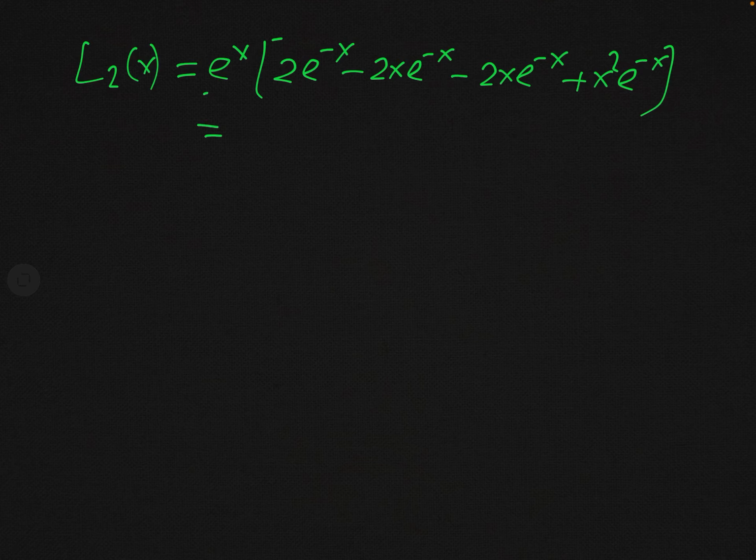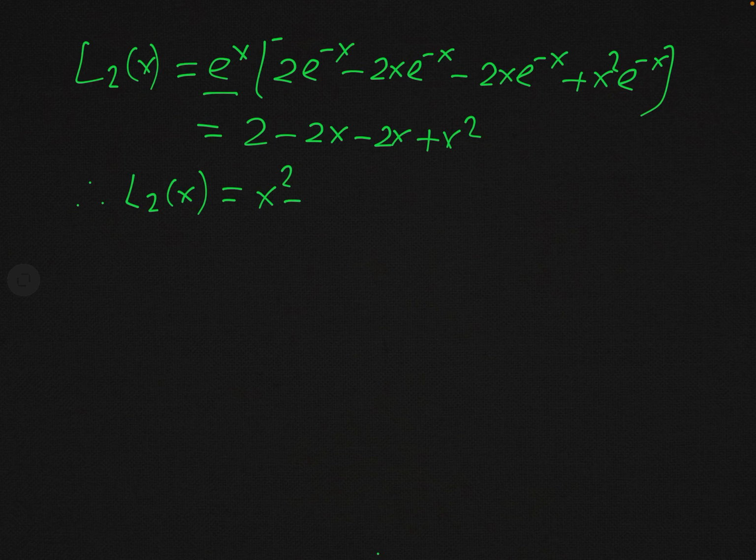And after multiplying by this e^x with the terms inside the square bracket, you can see we will get 2 minus 2x minus 2x plus x square. Therefore, you can say L2 of x will be x square minus 4x plus 2. So this is L2 of x.